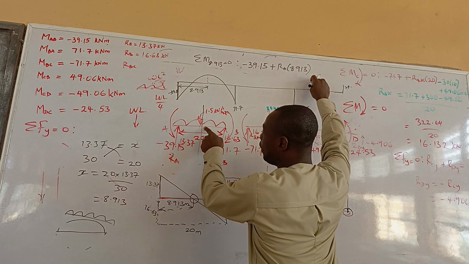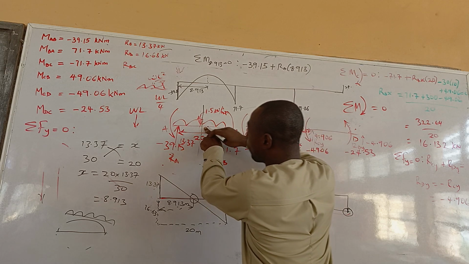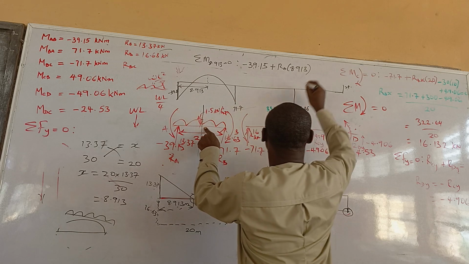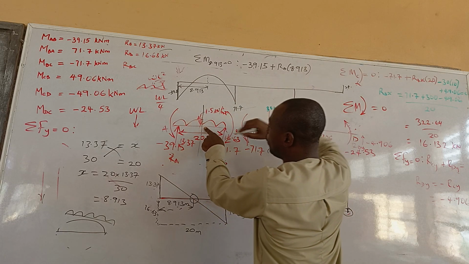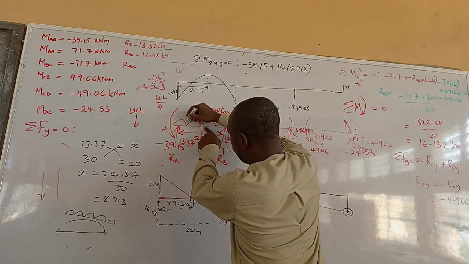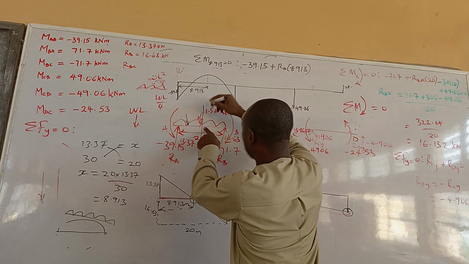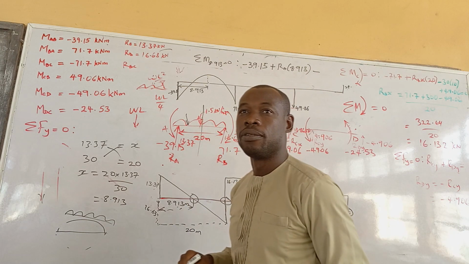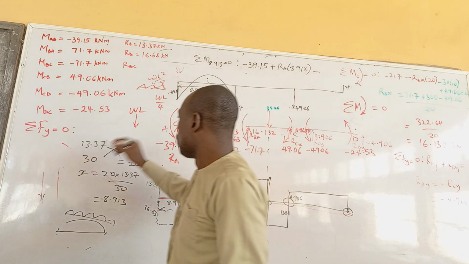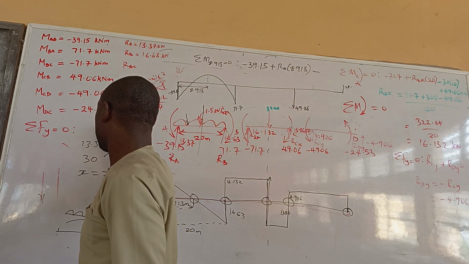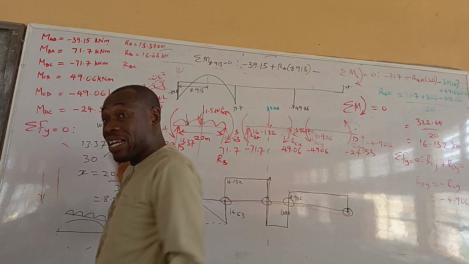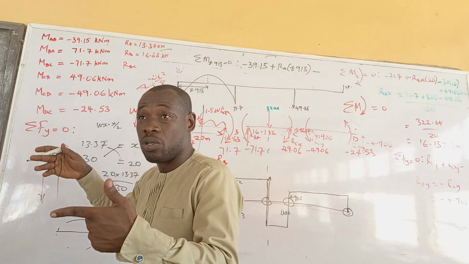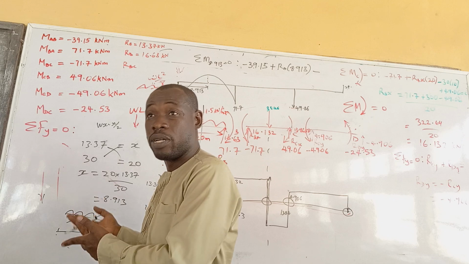Right? Now, do we have another force here again? Only this UDL. When we convert it to a point load, it's going to be negative, right? But how do I convert this UDL? It's still very easy. W times X over 2. W times X will convert it to a point load, times X over 2 will convert it to a moment.